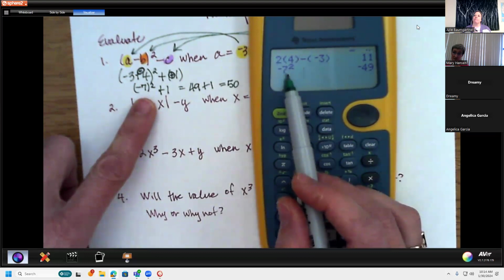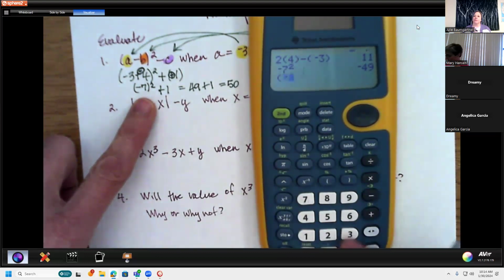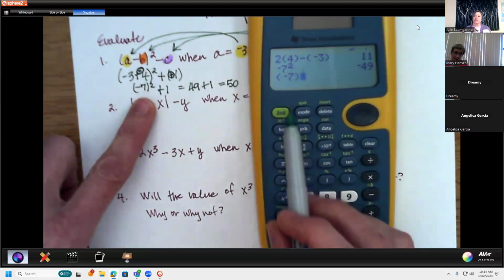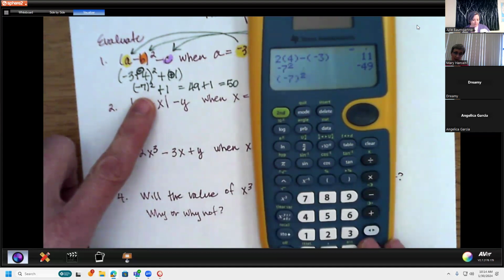If you want to tell that calculator to square -7, you have to tell it that the negative sign goes with the 7 that I'm squaring to get +49. So you have to be real careful if you use the calculator to square negative numbers.